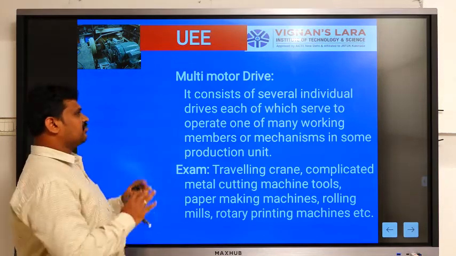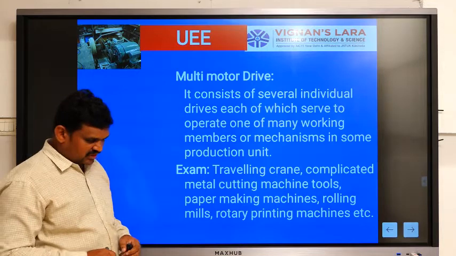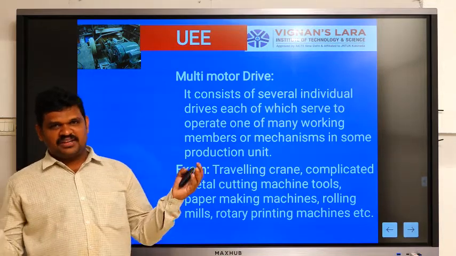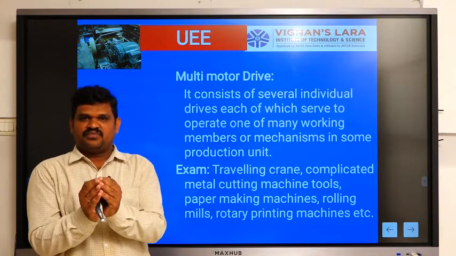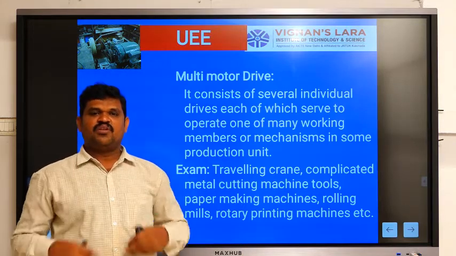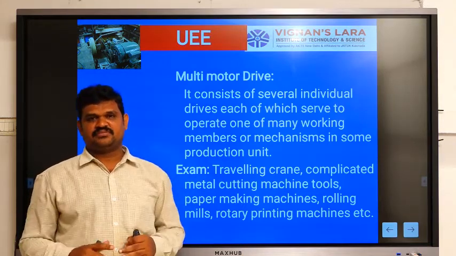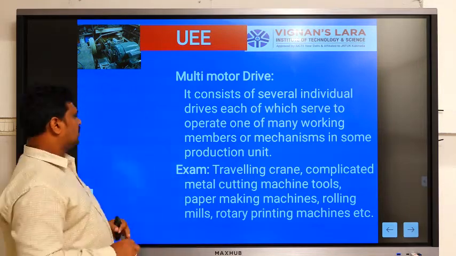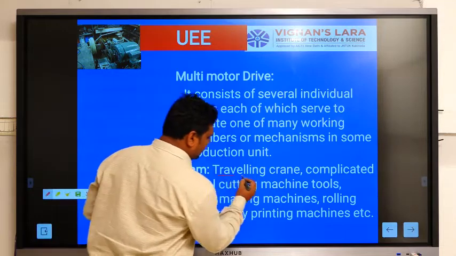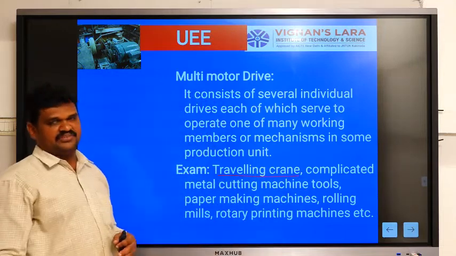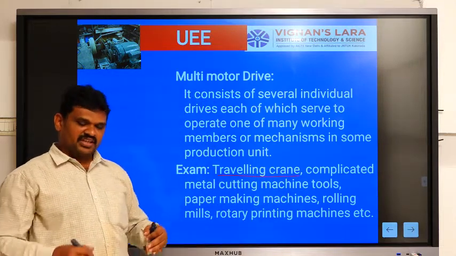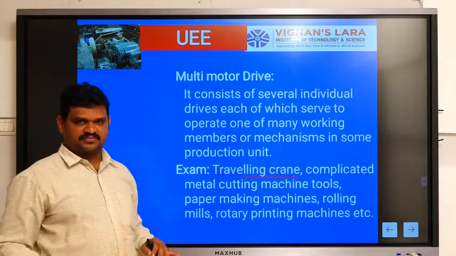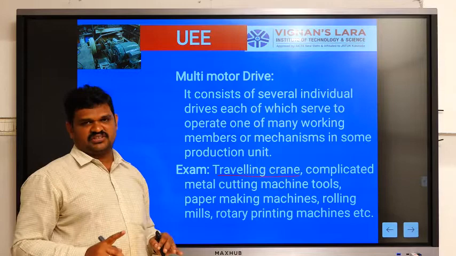The next one is multi-motor drive. Multi-motor drive means several individual motors are working for the function of one operation. Suppose the traveling of the crane. When it is moving, the moving is the one objective or function.